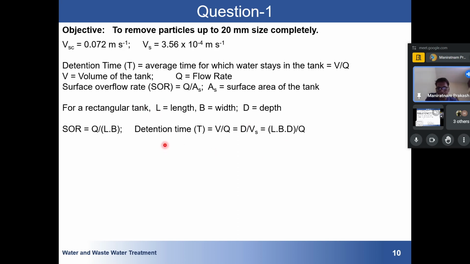So from the detention time, I will relate the volume divided by the flow rate at which water is coming into our system. And whatever our settling velocity is, that will be equal to the flow rate divided by the surface area of our sedimentation tank.